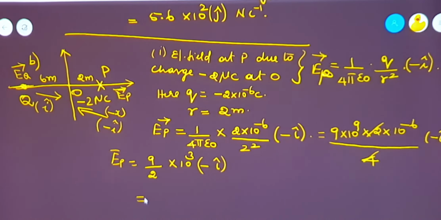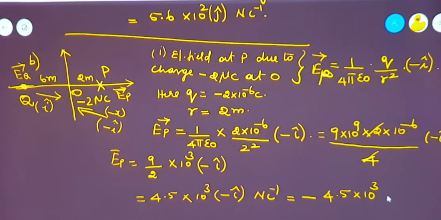So on simplifying, we get the answer as 4.5 into 10 to the power of 3, minus of I cap Newton per coulomb, or we can write minus of 4.5 into 10 to the power of 3 I cap Newton per coulomb.